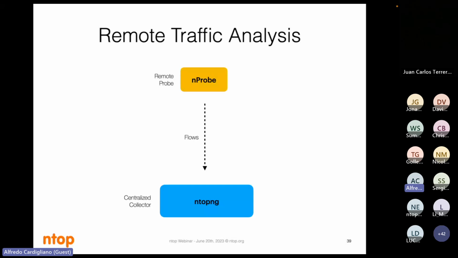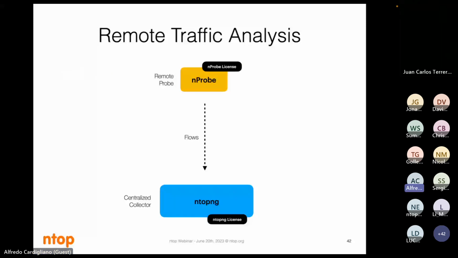If we have ntopng in a centralized place that can be on the cloud, which is receiving traffic information, so flows from a remote probe, because we have a remote location, maybe you have ntopng in the cloud, and we have a probe on premises, or we have a distributed network with many probes, where those probes can process packets coming from a span port or a tap, or can process flows coming from routers and switches, like using NetFlow or IPFIX or sFlow.